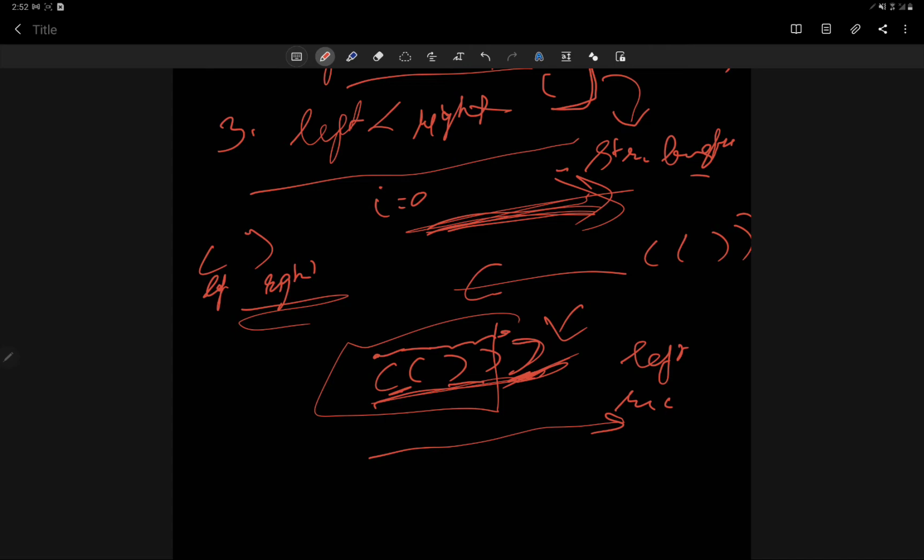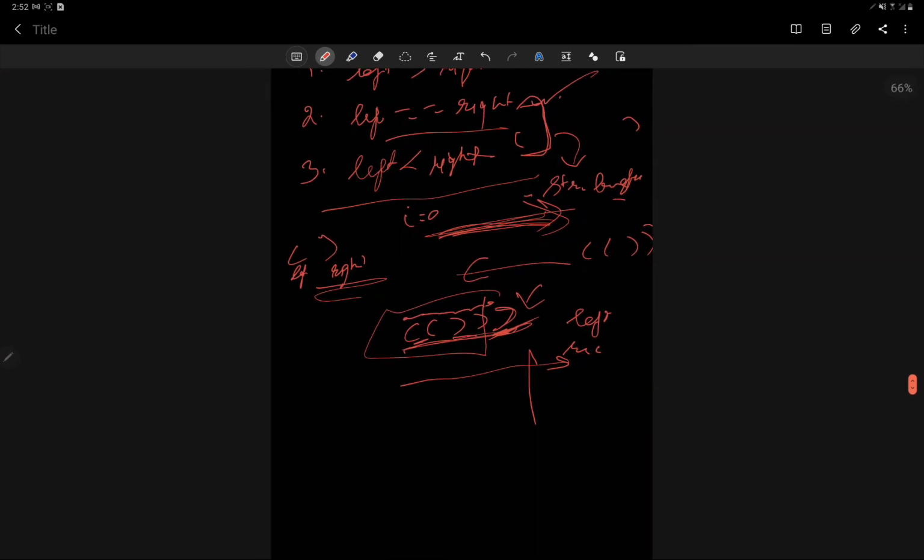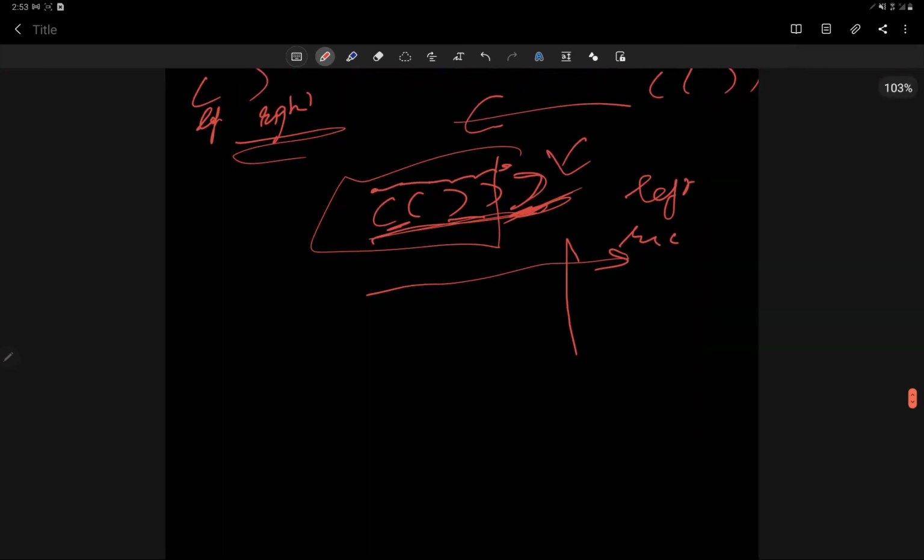Let's take another example, if it's unclear with this. Suppose this is the question. Left, right, left, right: balanced.